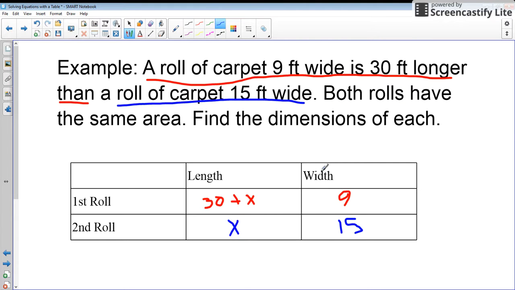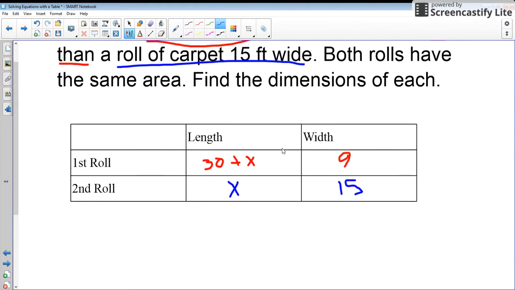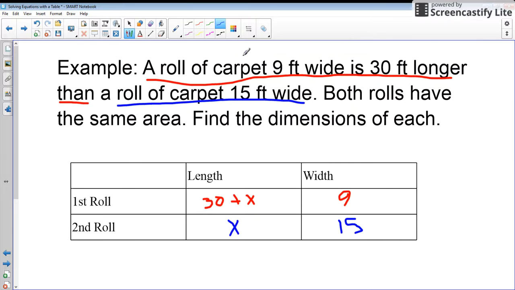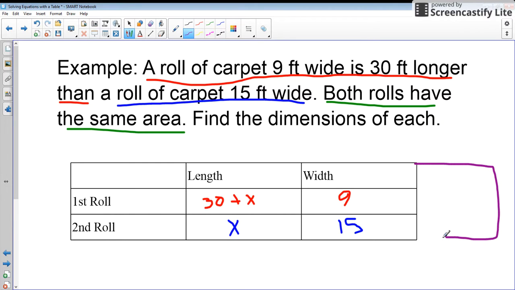And now after we have these two together, we should be able to actually write an equation using this last piece of information, which says both rolls have the same area. And now this is where the formula part comes in, because normally you would actually have a third column here relating these things to each other, and that is area. And so we're going to fill this in ourselves, unfortunately.